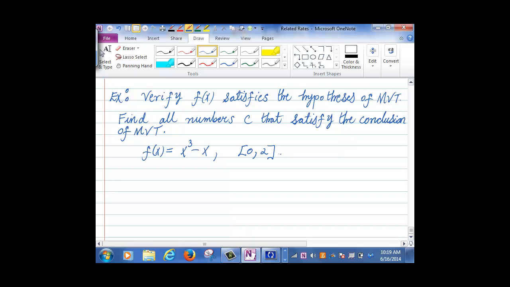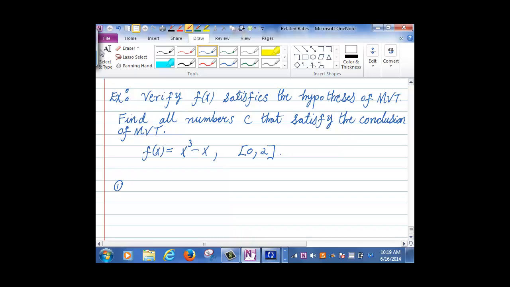So the first thing that we have to do is verify whether this function satisfies all the hypotheses of the mean value theorem over the given interval from 0 to 2. What are the conditions?